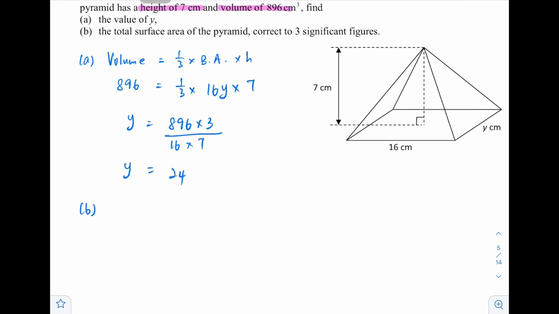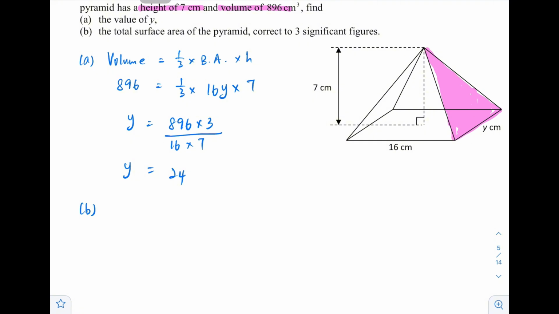Now that we know y, we need to find the total surface area of the pyramid. To find the total surface area, we have the base area, which is just 16 times y, and since we already know that y is 24, it is easy to find the base area. Then we need to find the area of two such triangles, which I have shaded in pink over here.